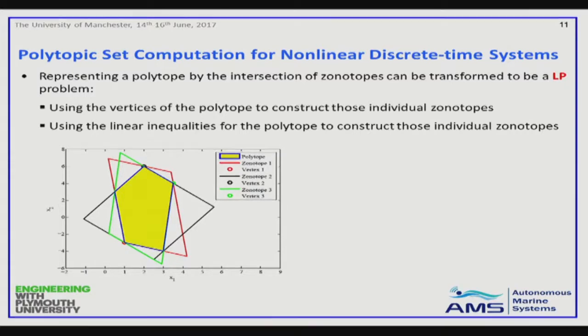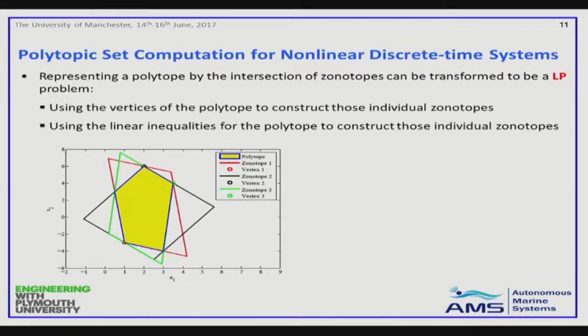Their intersection will represent this polytope exactly. And also these 3 zonotopes can be optimized to be as small as possible. It's a linear program problem that you construct to contain this original polytope as small as possible.